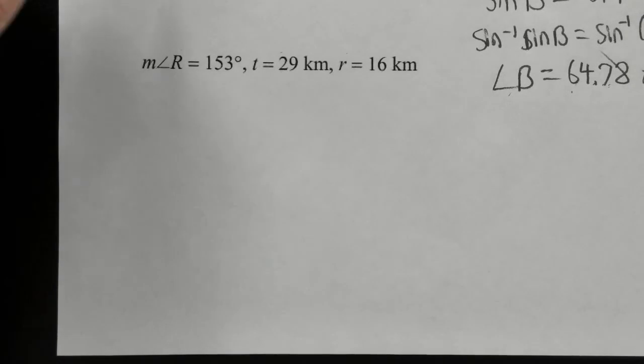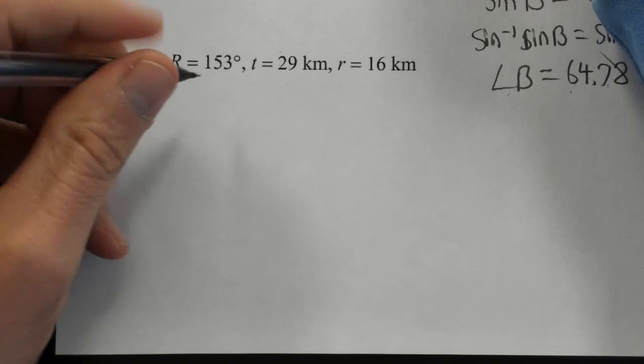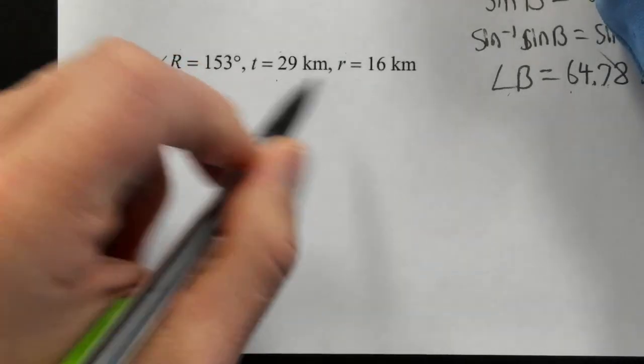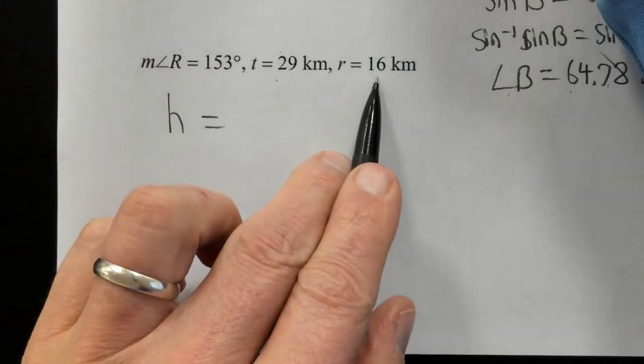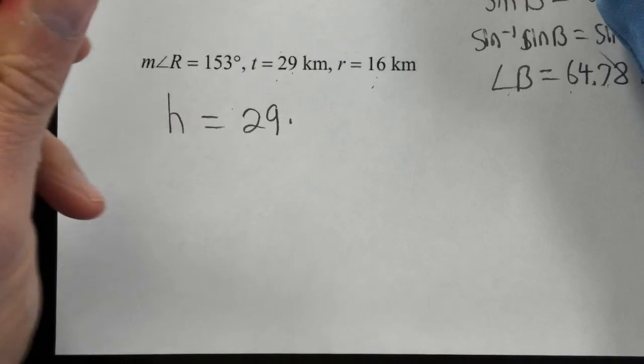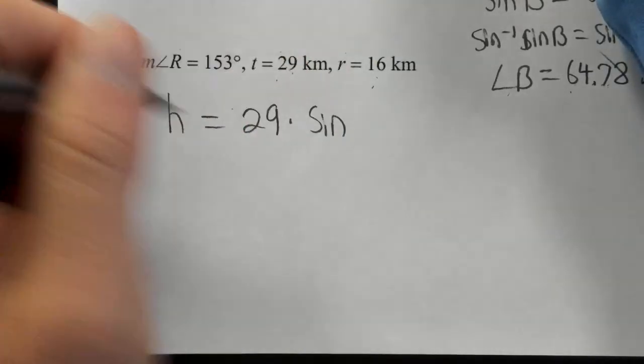And so to calculate the H part of this, this would be what? H equals. Now, what's the B part here? Remember, this is the A and this is the A, so there's the B. So that'd be 29 times the sine of 153.